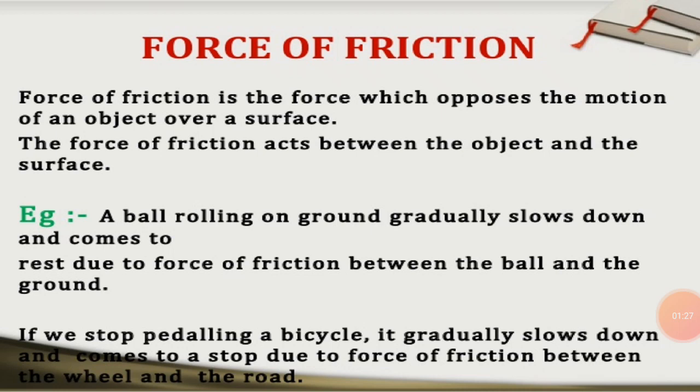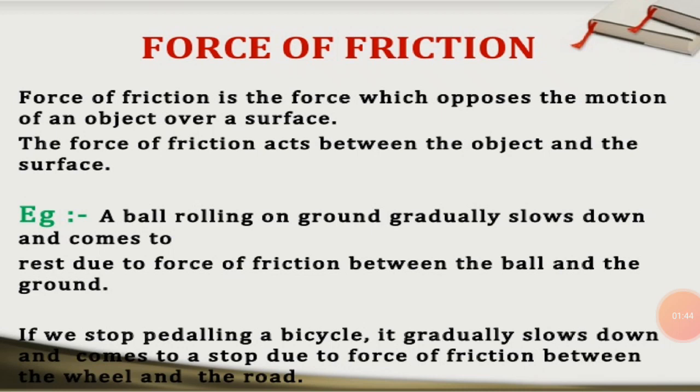It means that there is some force that acts in the opposite direction of the moving ball, and that force is known as the frictional force, or we can say friction. So how can we define what is friction?